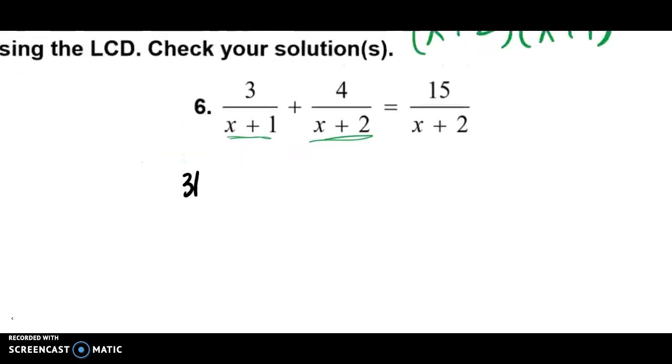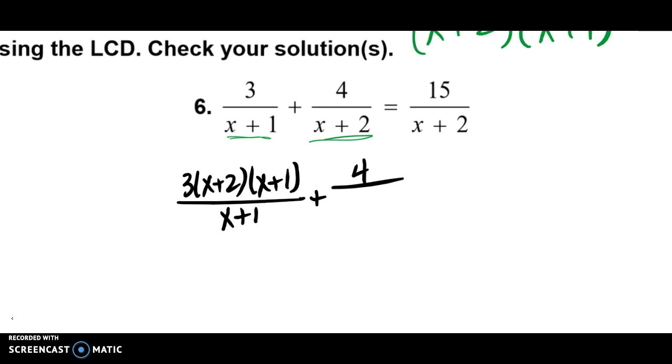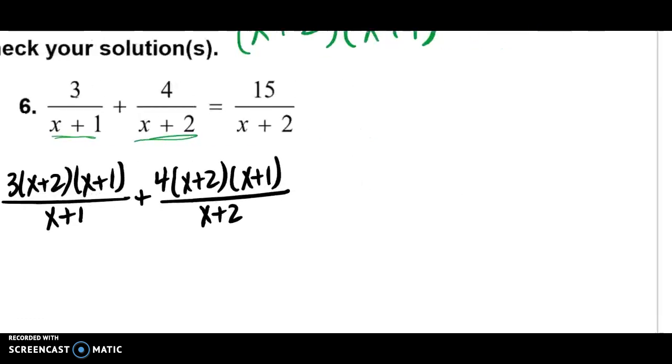So we have our 3, x plus 2, x plus 1, plus 4, rewrite that 4, x plus 2, x plus 1, all over x plus 2, equals 15, x plus 2, x plus 1.